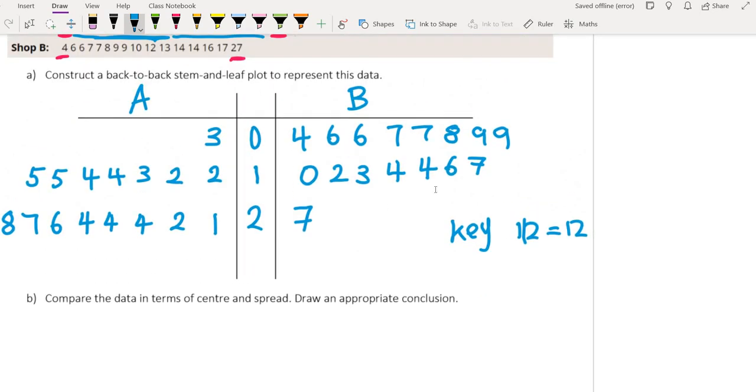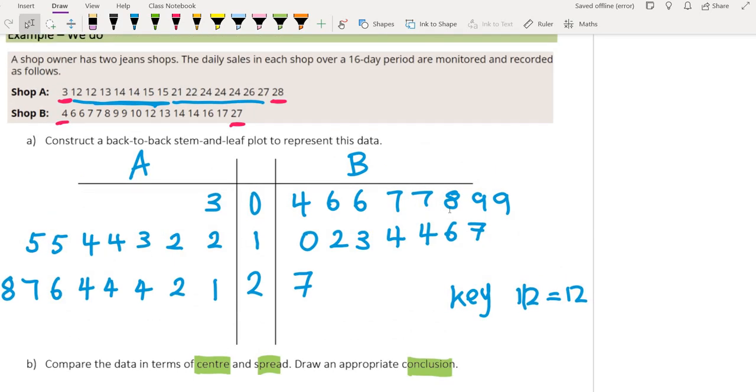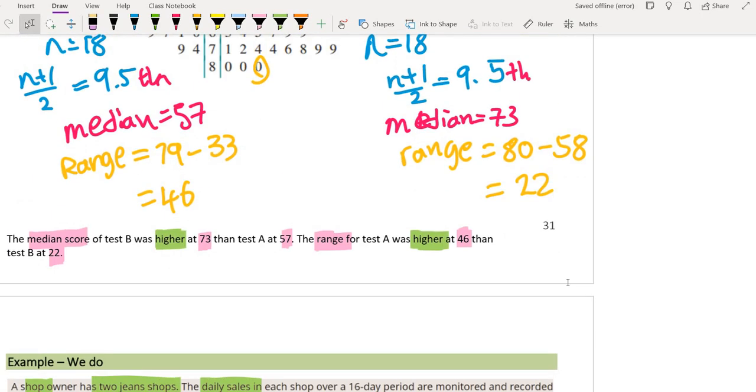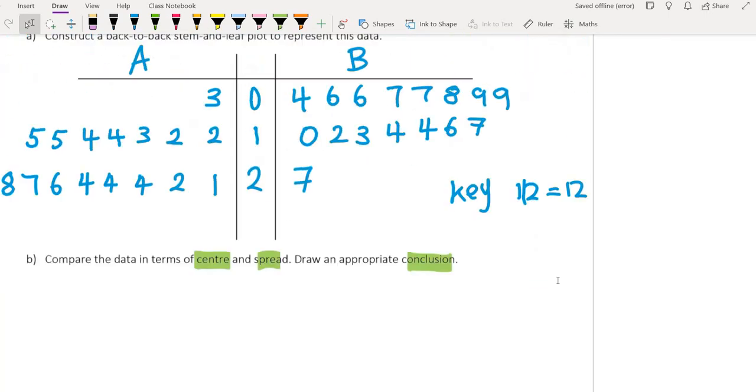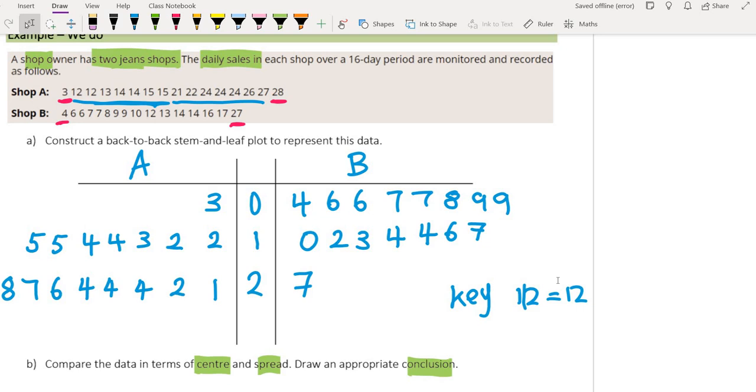And then the next question says compare the data in terms of center and spread, and then draw a conclusion based on your comparison. So again, the context of the data is 2 jeans shops, and it's about daily sales in each shop. So to decide which measure of center and spread to use, you'll need to determine if there are any outliers or if they're skewed data.